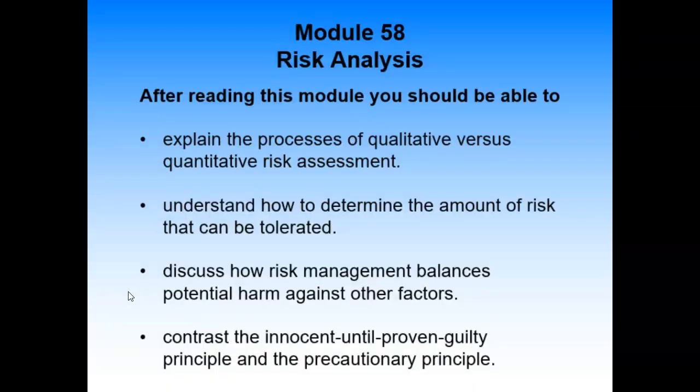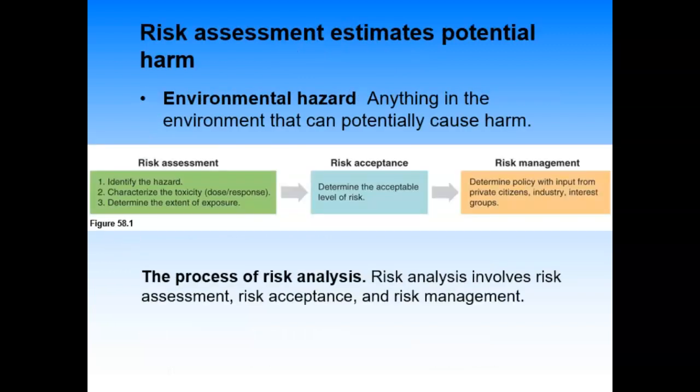We can look at the different risk analysis methods and see at what point we can figure out the balance between potential harm and other factors, like the benefit in risk analysis here. So an environmental hazard can be defined as pretty much anything in the environment that can potentially cause harm to any organisms.